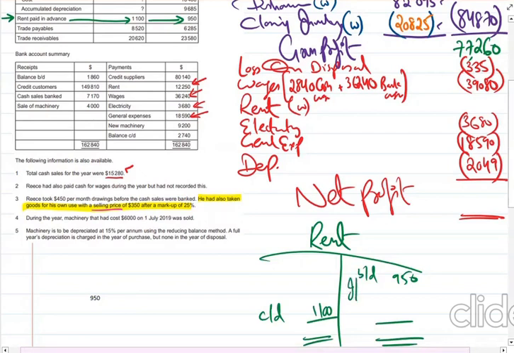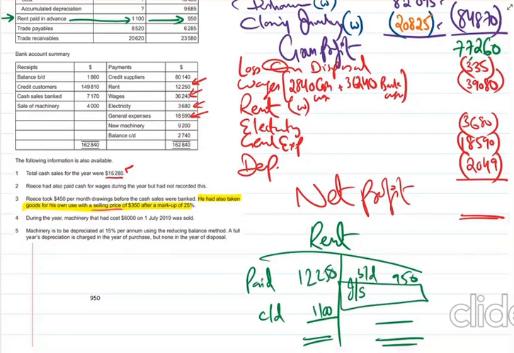Because of income statement, it comes here. We had 950 and we removed 1100. And payment is 12250, correct? You will do the balancing, you will come to know the rent amount, which is 12100.